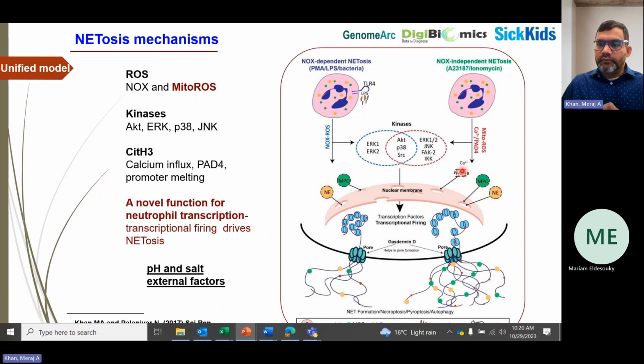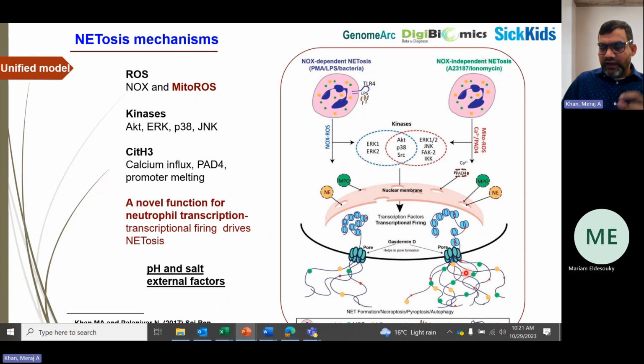Because of the calcium influx, this enzyme activates, and this activated PAD4 comes into the nucleus and does the citrullination of histone. What does it mean? It converts the arginine positive charge into citrulline, and because of the citrullination, the charge dynamics change, and the chromatin decondenses faster.